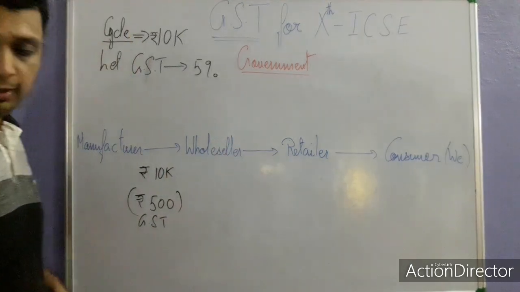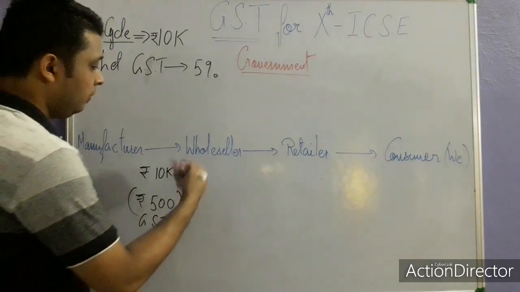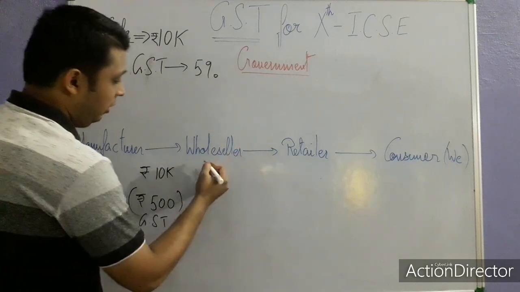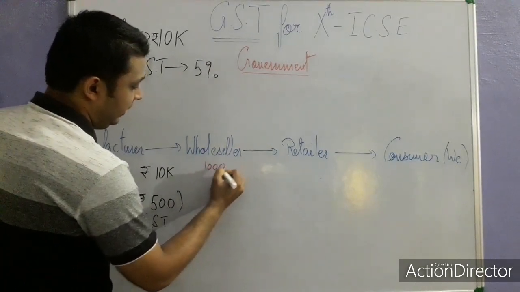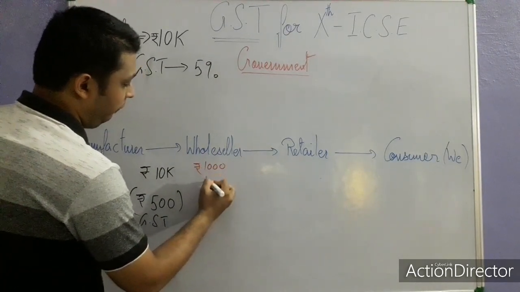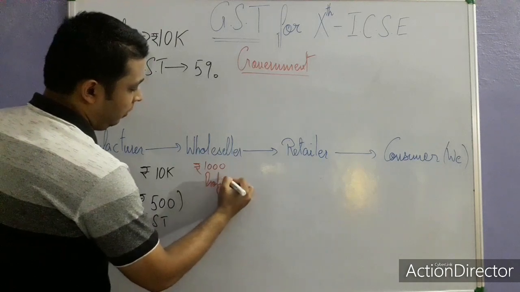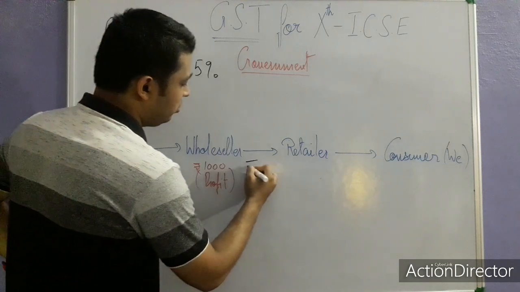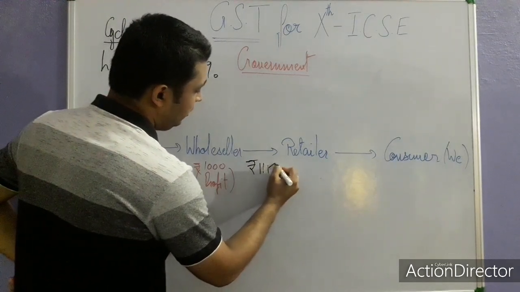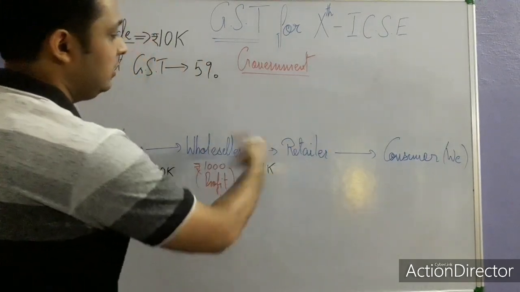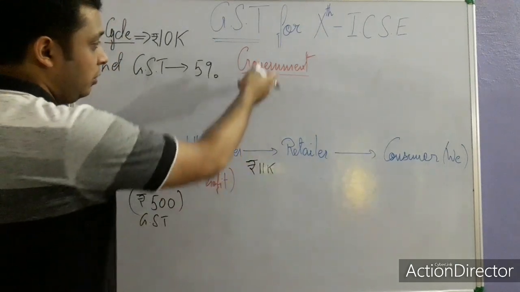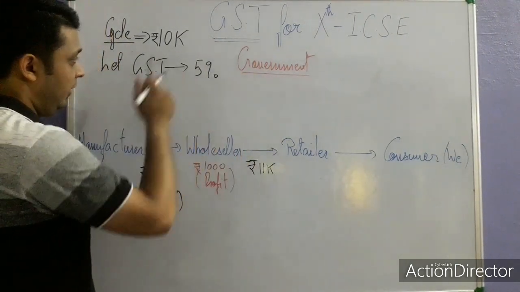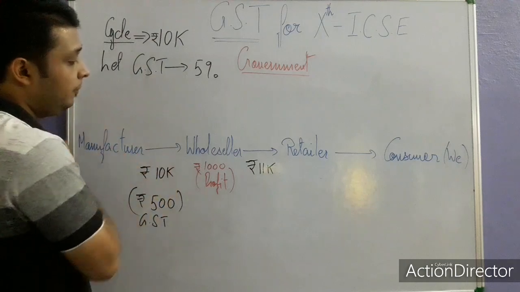Similarly, when we considered that the wholesaler was selling the cycle at a profit of 1,000, clear? Then the price of the cycle rose to how much? 11,000. And again, because this business deal was being watched over by government, 5% tax is levied, isn't it?